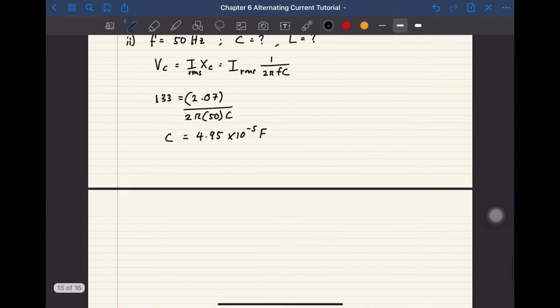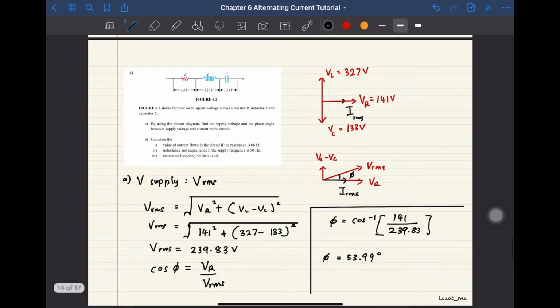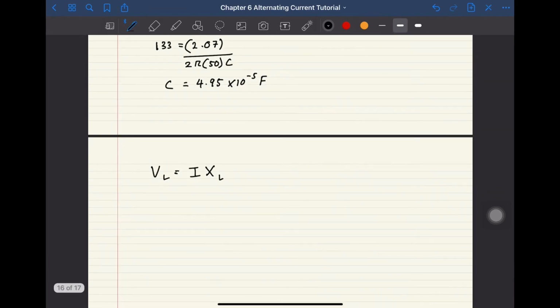How about the inductance? Basically use the same concept. VL equals I times XL. So VL is 327. I'm going to expand this one a little bit more.